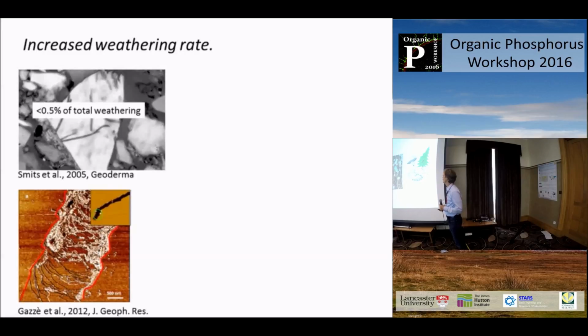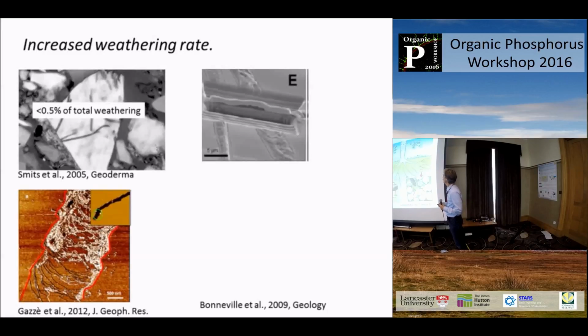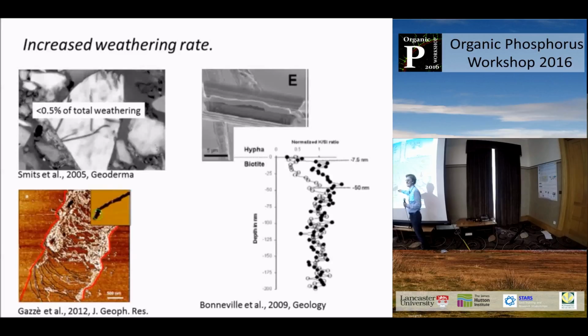So you see some interactions, and we also made cross sections with FIB. So with a focused ion beam, you can drill into your mineral, and there's a fungus growing on top of the mineral. So there they are growing, and then you get the cross section, and then you can use TEM, EDX, so you can use other fancy methods.